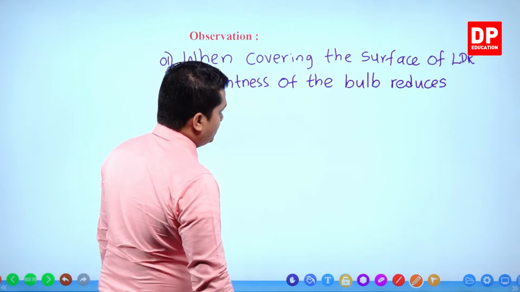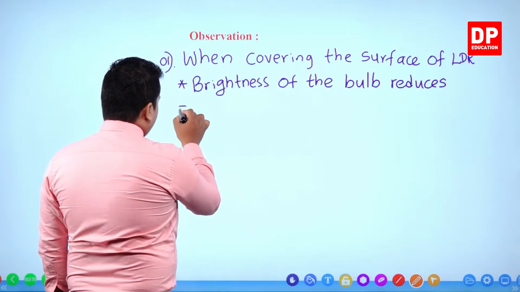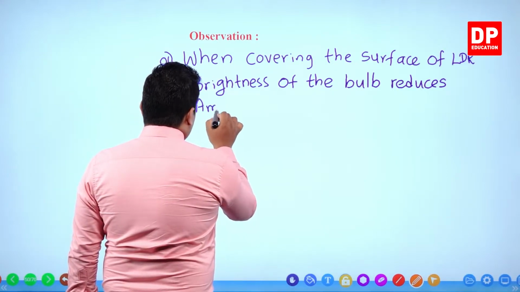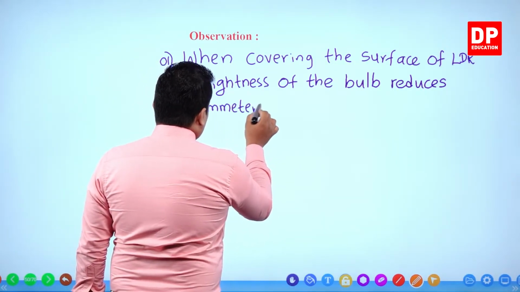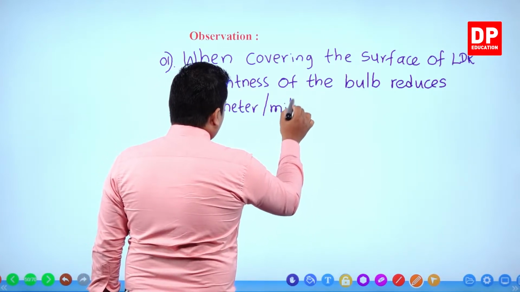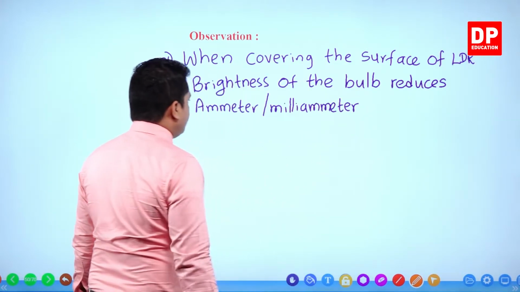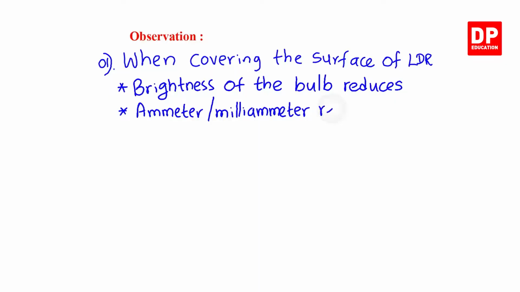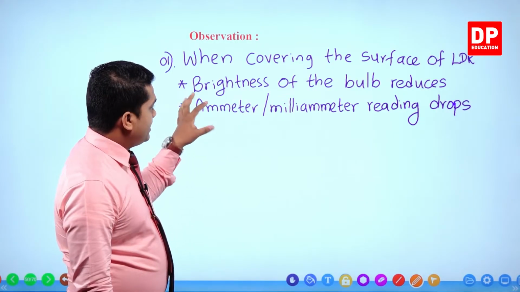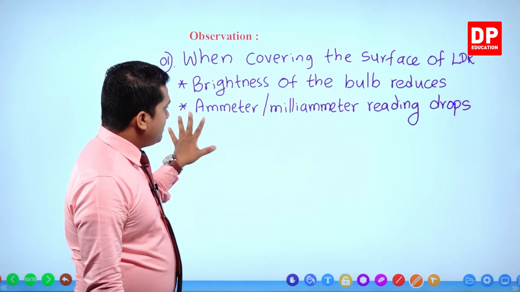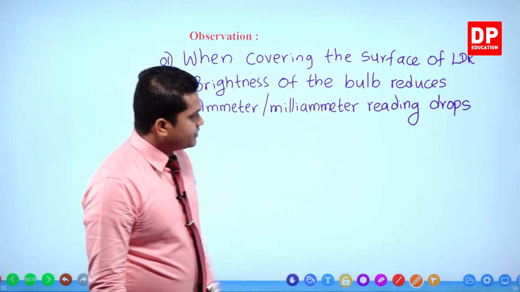Then the next point, ammeter or the milliammeter reading drops, right? It also drops. So this is the first observation. When covering the surface of LDR, brightness of the bulb reduces and ammeter or the milliammeter reading drops.